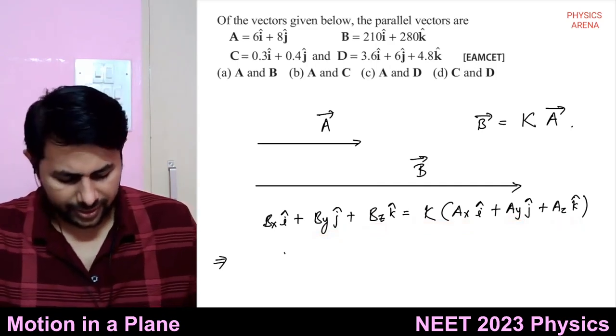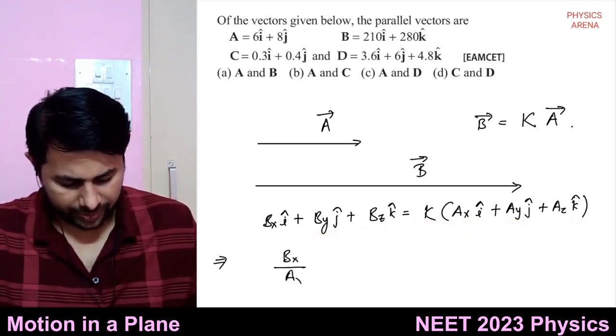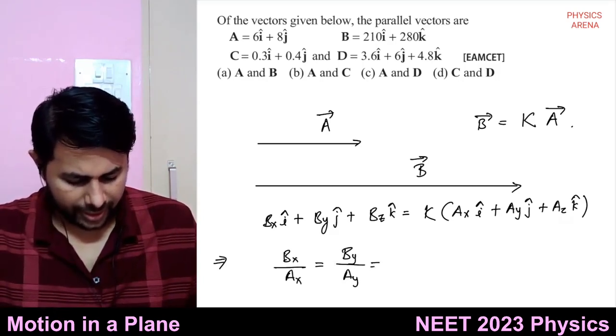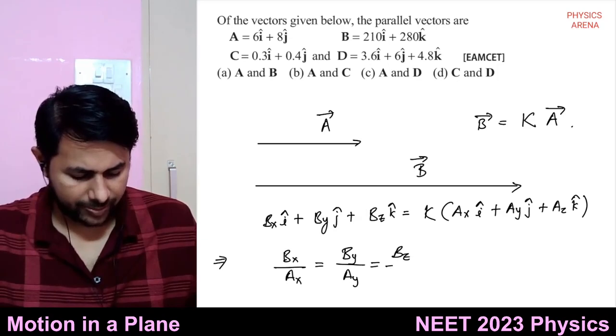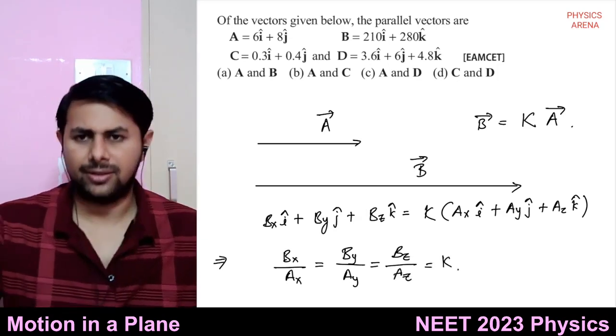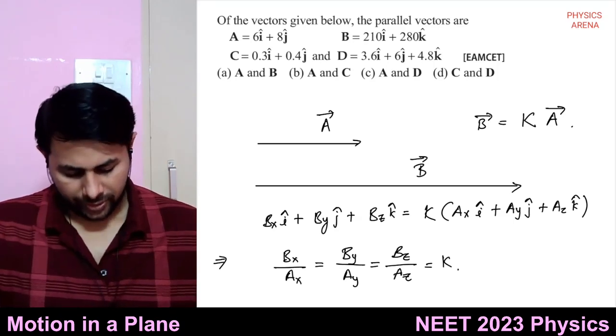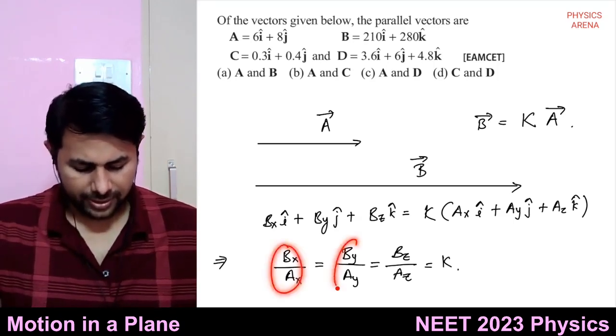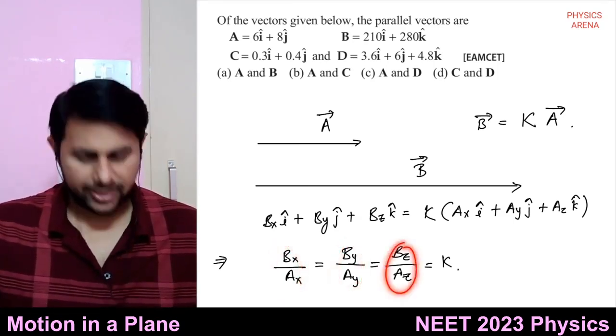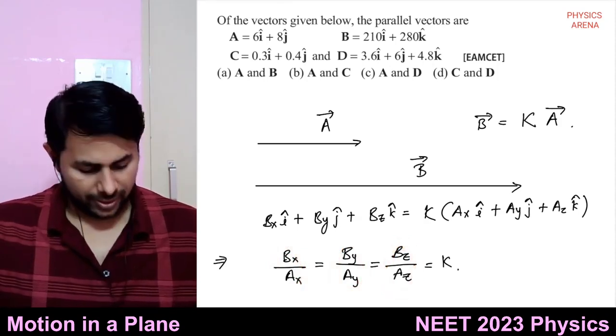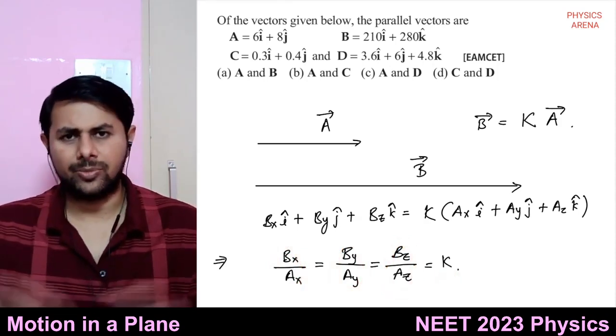Or I can say bx upon ax is equal to by upon ay, which is equal to bz upon az, and that's equal to k. Can I say this? Yes, sir. So the ratio of x to x component, y to y component, and z to z component will be equal, and that is some constant.